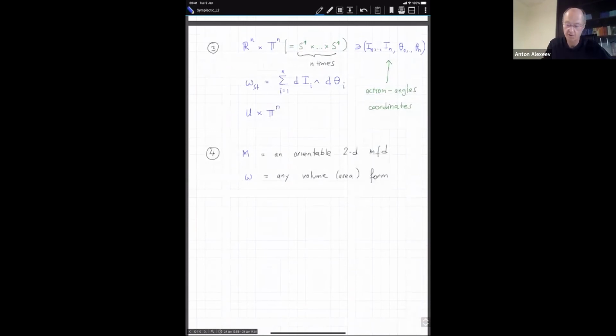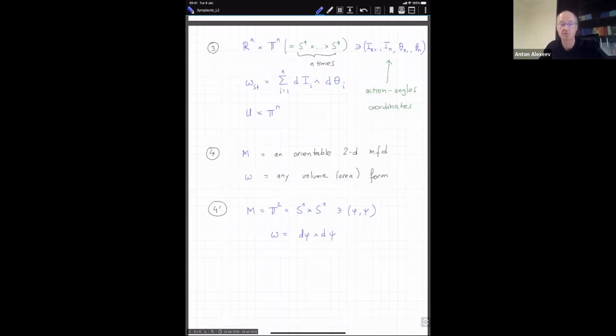So maybe here two sub-examples. Probably the simplest one, we take M to be a 2-torus, which is S1 cross S1. Let's say I call the two angles phi and psi, and one possible two form would be d phi wedge d psi.